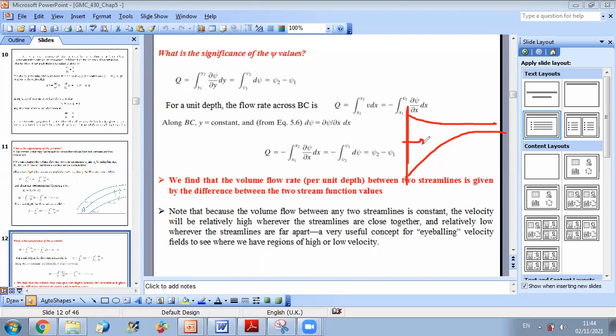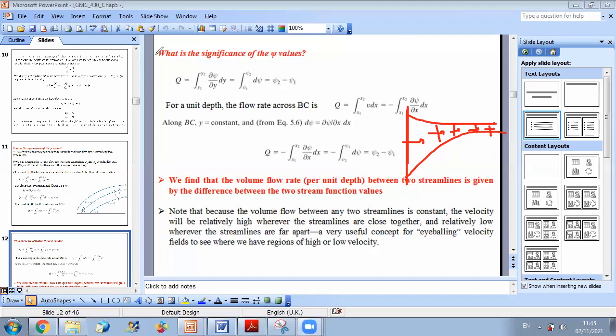So at different sections, as the streamlines get closer to each other, the velocity will increase, and this is expected because of conservation of mass. So observing streamlines will help you know regions of high velocity compared to regions of low velocity. Any question on this?